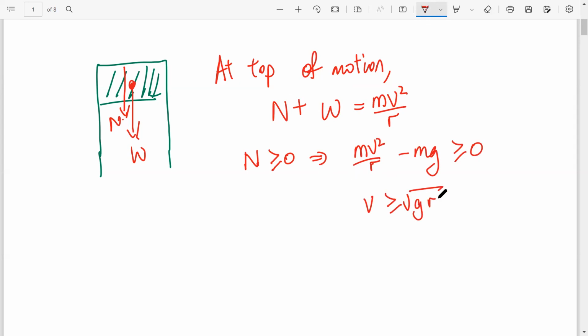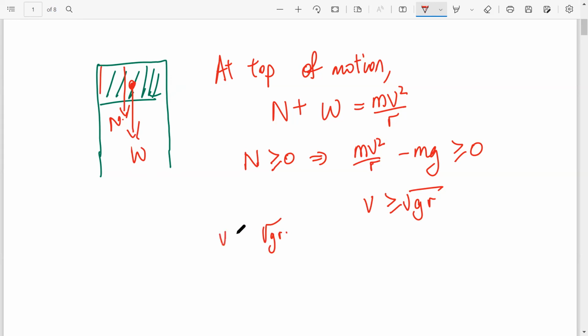You need a minimum speed so that it will remain in contact. If it's too slow, which I don't want to try here, the water will come out because it will lose contact before that. So you need a minimum speed of square root of gr so that it will stay in contact with the water bottle and not fall out.